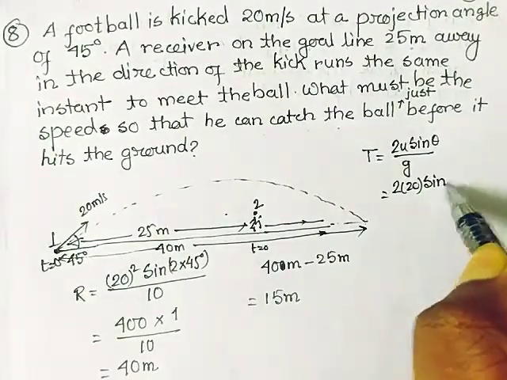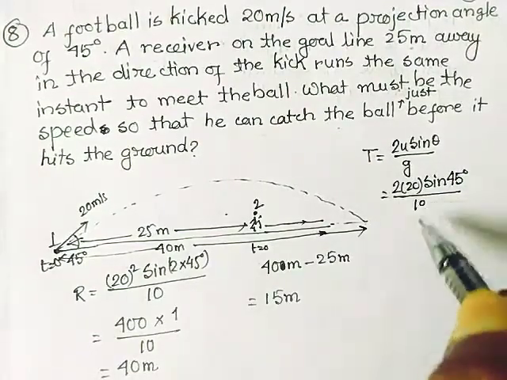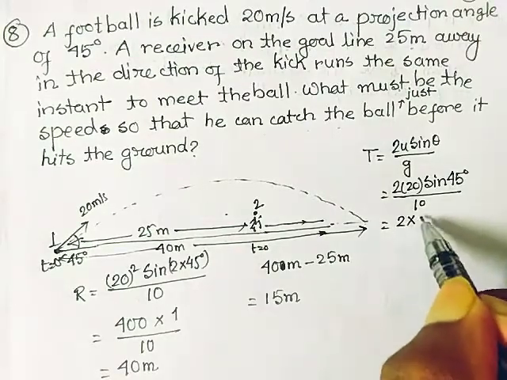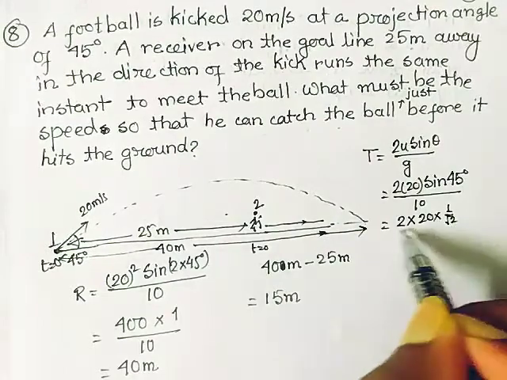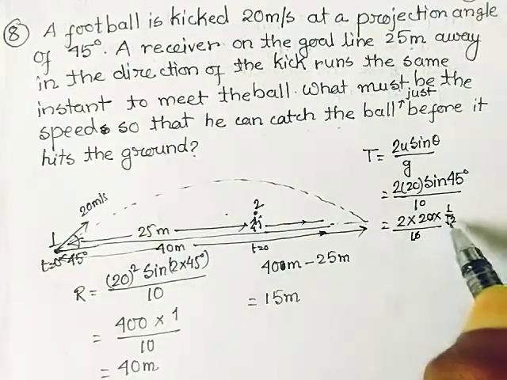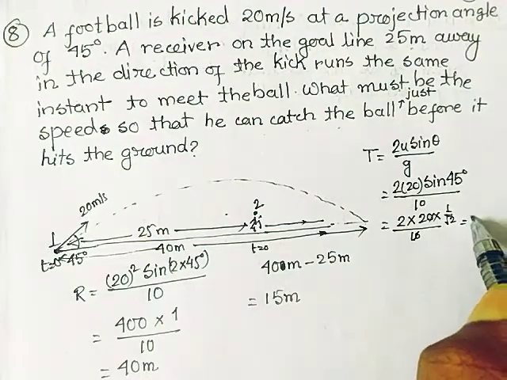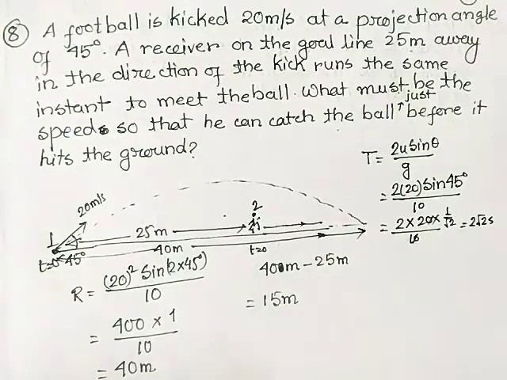What is the value of theta? 45 degrees. What is the value of g? 10. So it is 2 into 20 into sine 45 degrees, 1 by root 2, divided by 10. It cancels out, it will be 4 divided by root 2, so it will be 2 root 2. This is the time, 2 root 2 seconds.